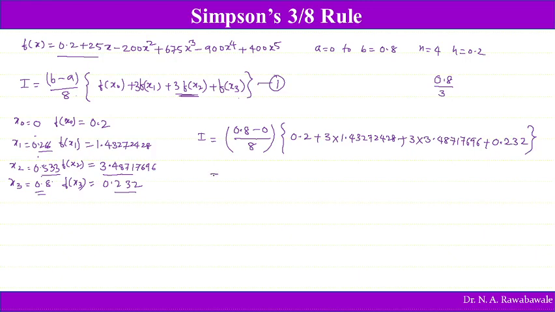On simplification, this integral we get as 1.51917037. So this is the integral obtained by Simpson's 3/8 rule.